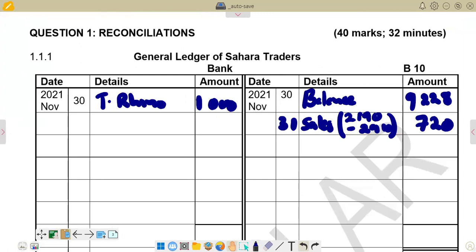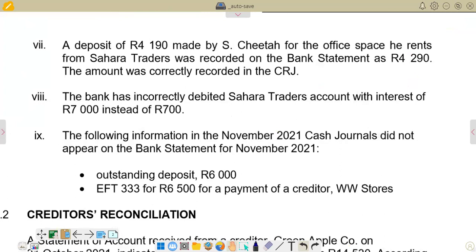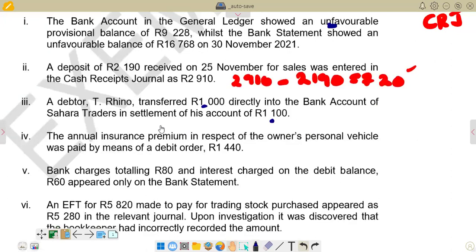Remember, if you go back, let's just try to go back again and see what type of transaction it was. If you come here, you see that the description we are given says it was a premium in respect of the owner's personal vehicle. So whenever we see any expense that has to do with personal expenses, it has to be our drawings.